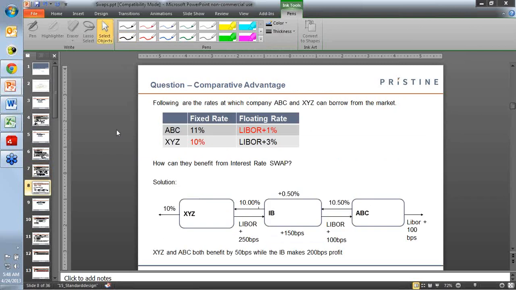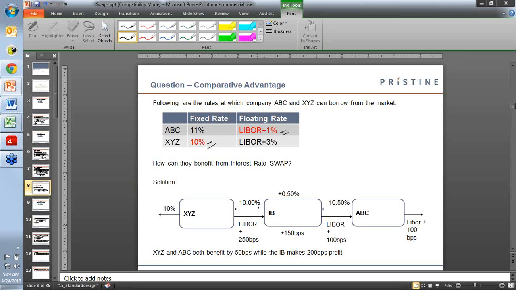Okay, so now let's look at a question on this. These are the two companies, ABC and XYZ. XYZ has a comparative advantage for fixed rate loan at 10%, and ABC has a comparative advantage for floating rate loan, that is LIBOR plus 1%. So how would they benefit from an interest rate swap?